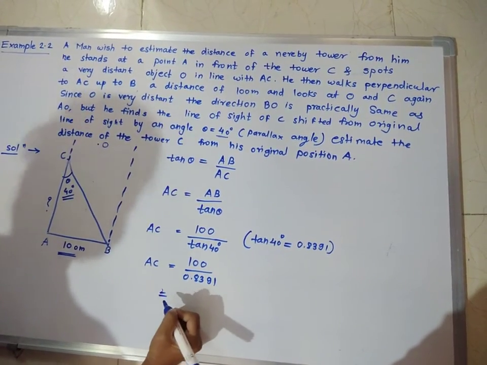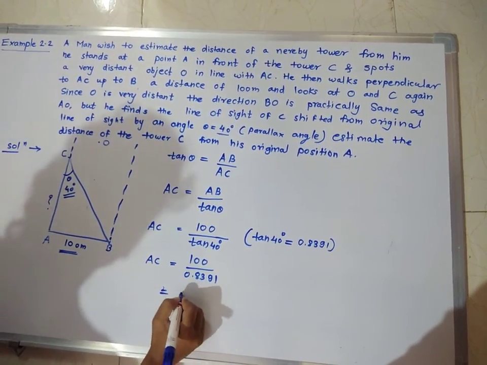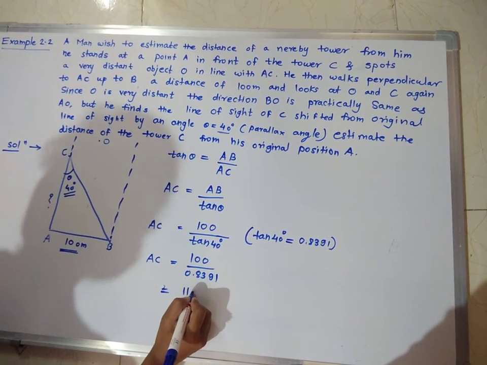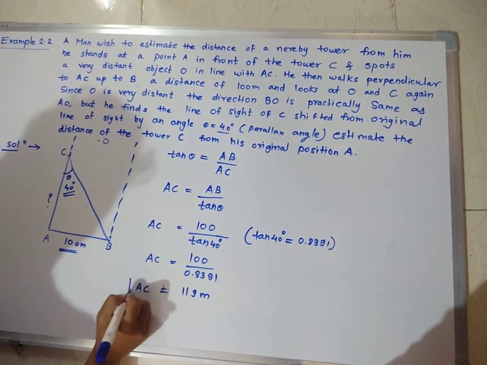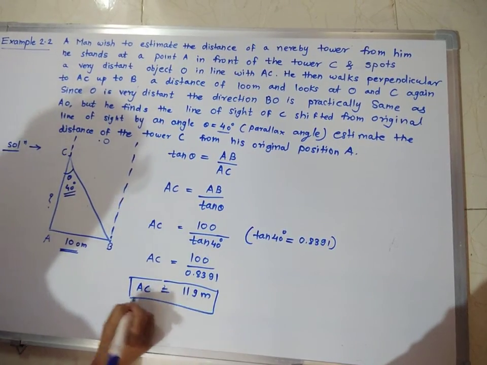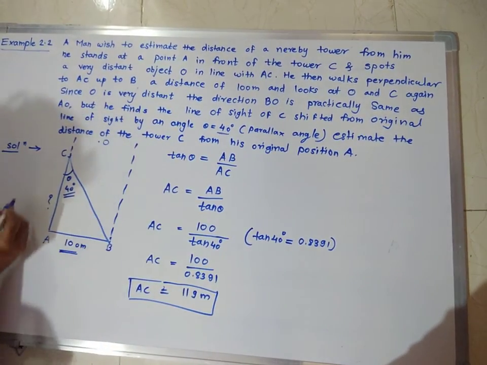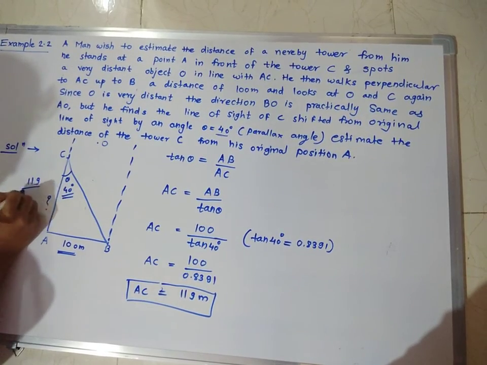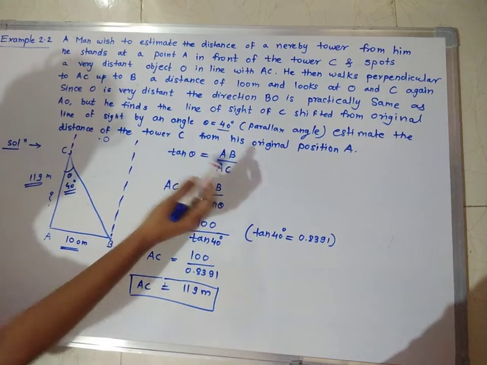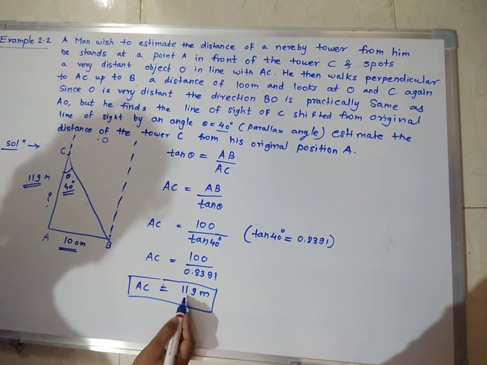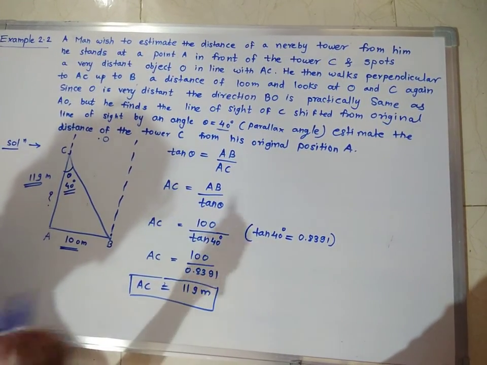If you do this calculation, you will get the value of AC, and that is nothing but 119 meter. So we have found AC here. The AC is 119 meter. So the distance of tower C from its original position A is 119 meter.